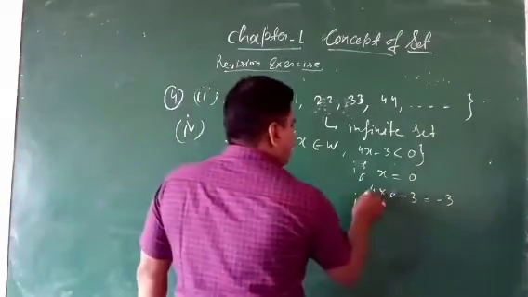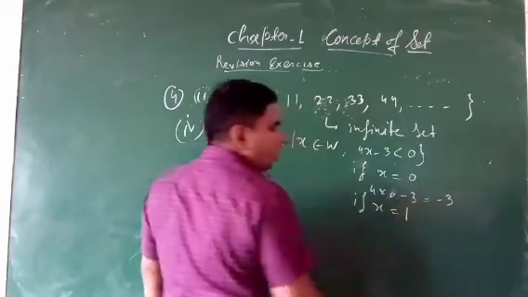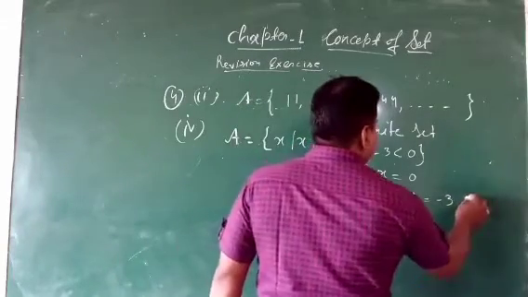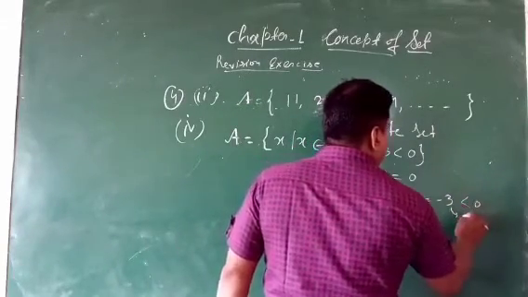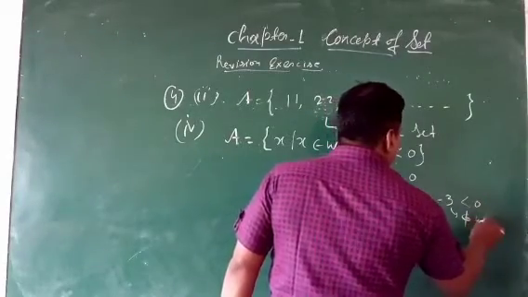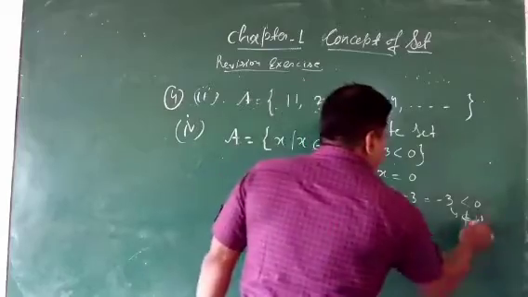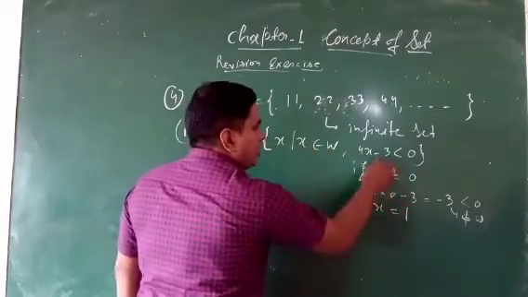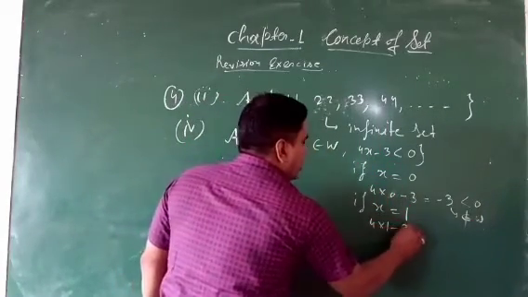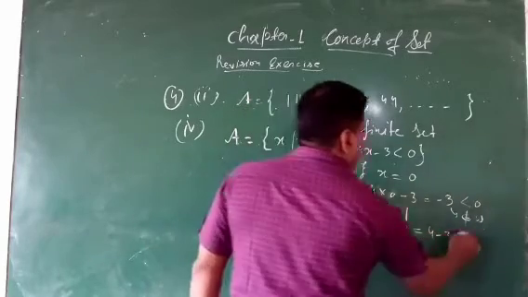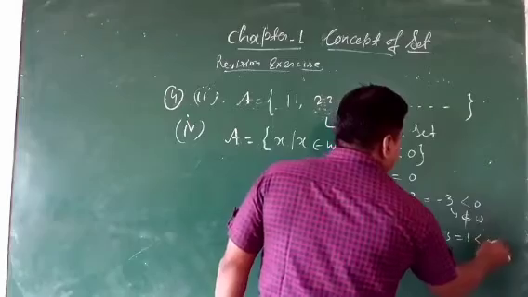Now if x is equal to 1, 4 into 1 minus 3, 4 minus 3, that is 1, which is not less than 0.